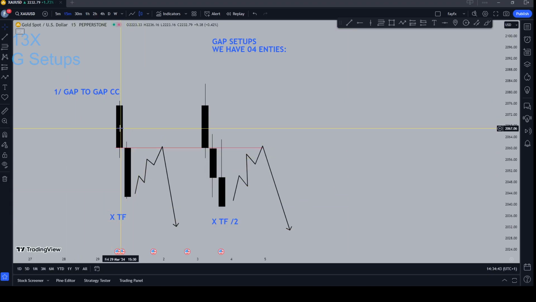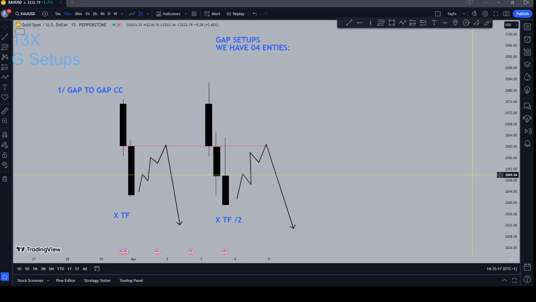The gap in X time frame, and when we go one time frame lower, we find a gap CC. Price will go up, reach that level and go down. You can instant sell here when price reaches that level. This is the first entry for gaps.